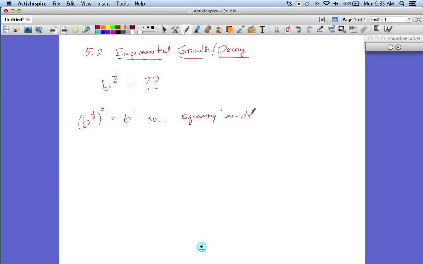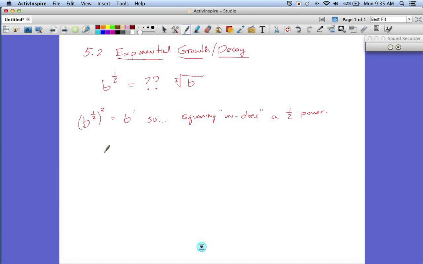Well, we all know that square roots undo squaring, so this is really the same thing as the square root of b. We write a little 2 in the index for square roots, but we typically don't show that because that's the typical square root. The 2 is built in.